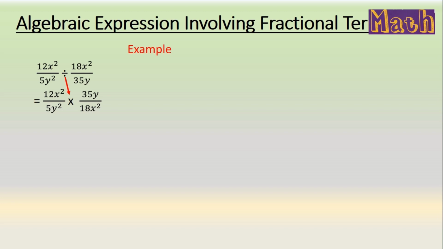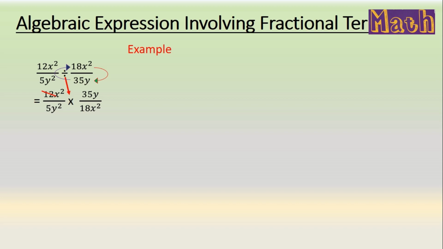And the division will turn to multiplication. Then I'll now apply the rules of index and the division rule. From the arrow there, you can see that the division has turned to multiplication, and the 35 has gone up and the 18 has gone down. And we now have multiplication attached to the two fractions, so I can now apply my division rule.